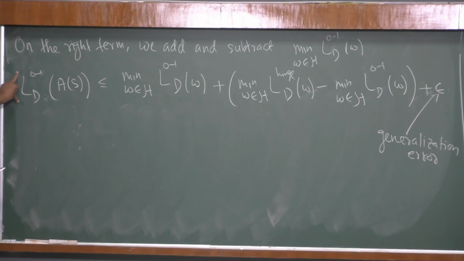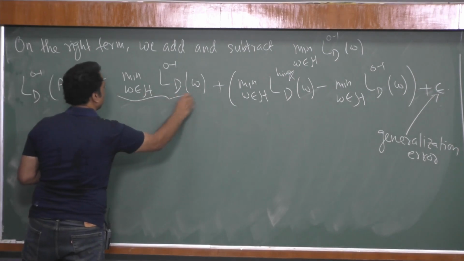Overall, the training error here for the 0-1 loss will be bounded by all these terms. So I'm going to write down the actual names of these things. The first term will be our approximation error.